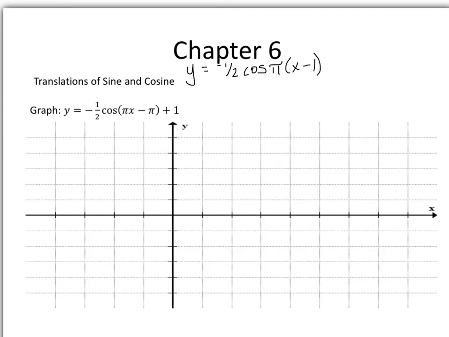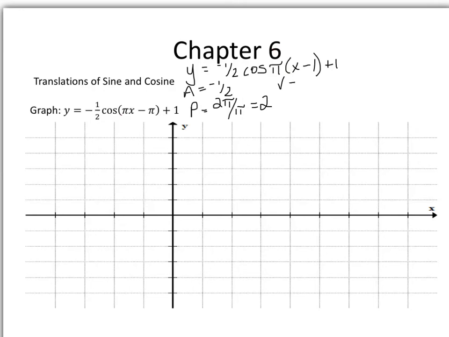We then get x minus 1 in parentheses. Now we can list out all of our information. Remember, the period is 2 pi over b, and b in this case is pi, which means the period of this is 2.